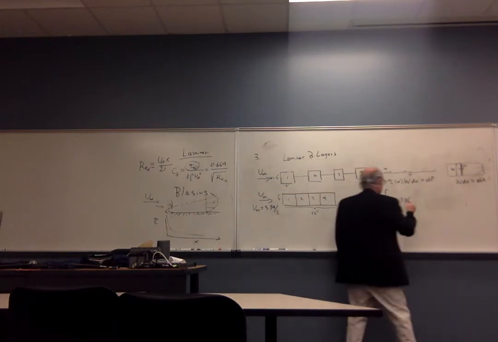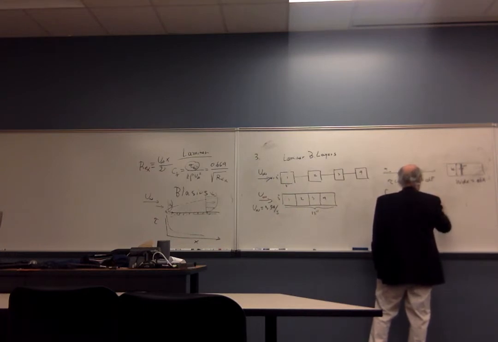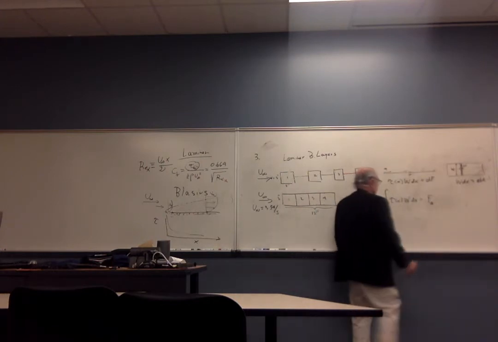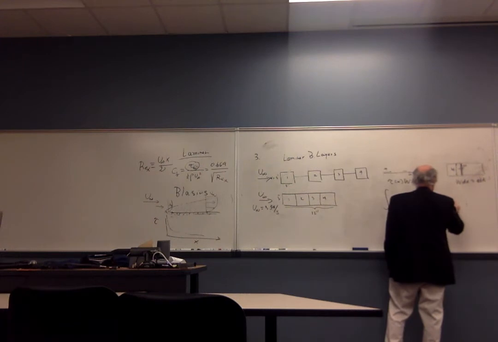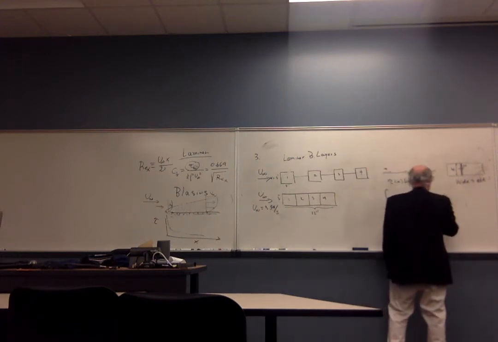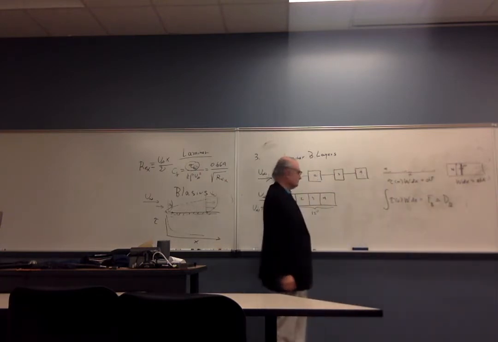So tau W dx equals the total force. I'll just call it F sub A. Oh sorry, dF, oops. That's going to give me a force, which is in fact the drag on the plate.